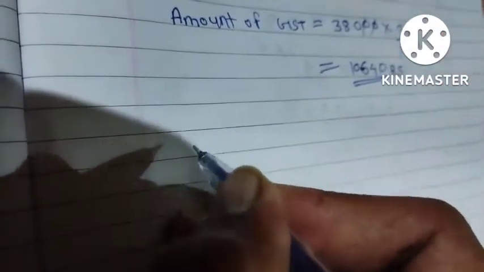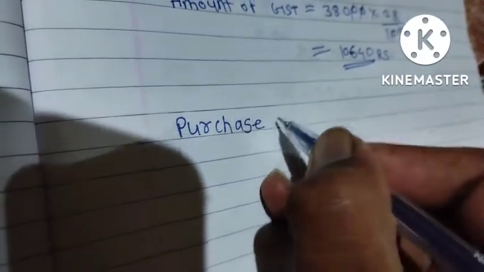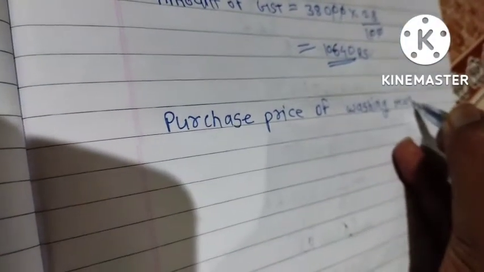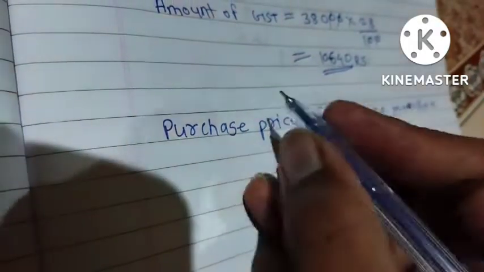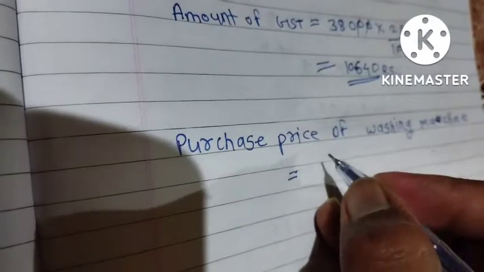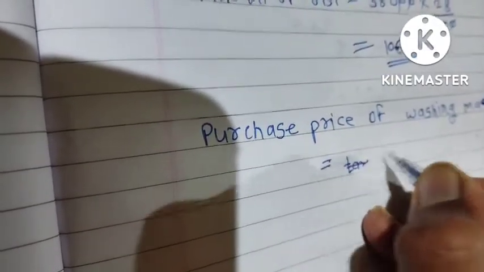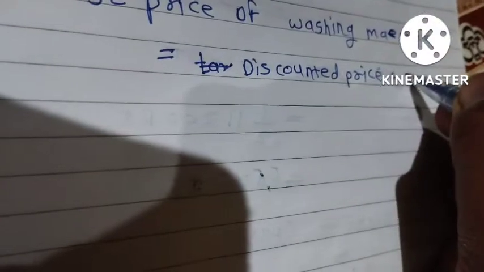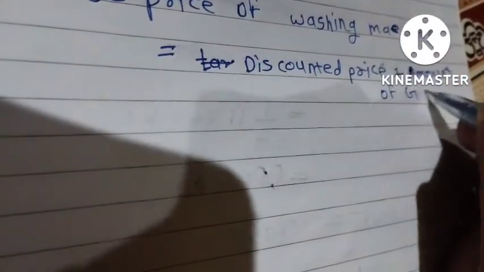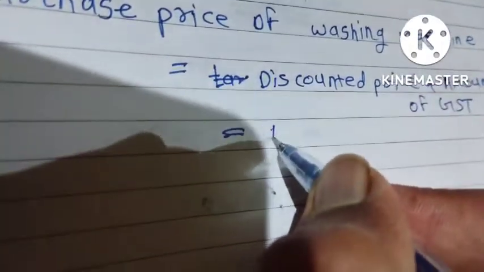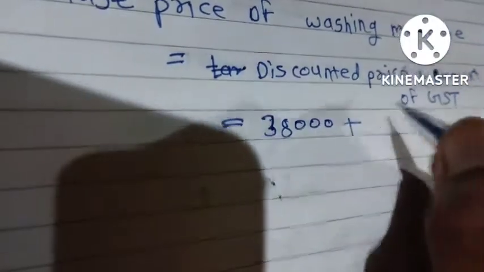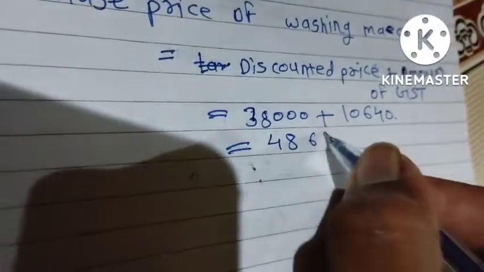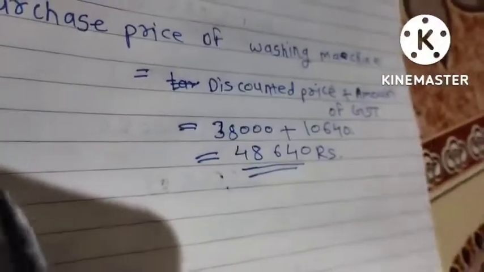The purchase price of the washing machine is equal to the discounted price plus the amount of GST, which is 38,000 plus 10,640 rupees, equal to 48,640 rupees. This will be the purchase price of the washing machine.